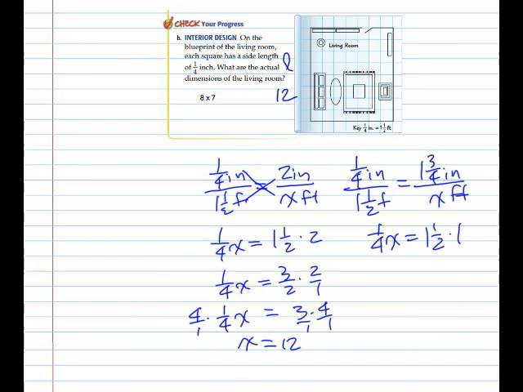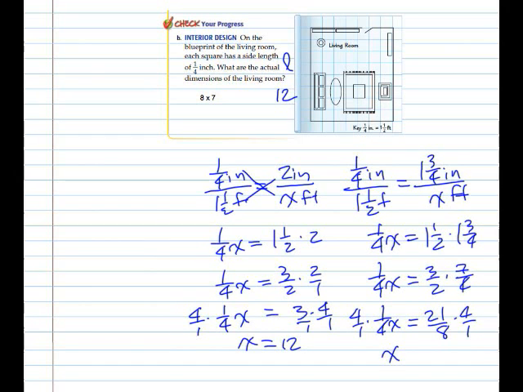Again, cross products, 1/4 x equals 1 1/2 times 1 3/4. 1/4 x equals 3/2 times 7/4. 1/4 x equals 21/8.